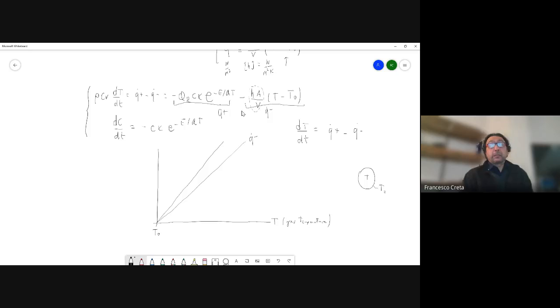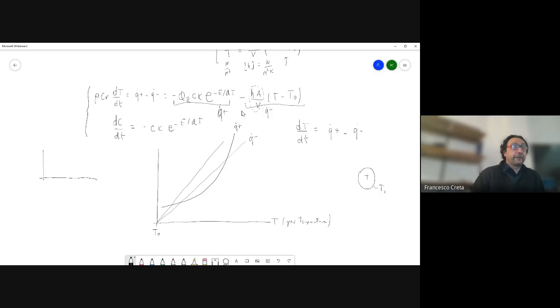Now, what about Q plus? Q plus is clearly an exponential function of the temperature. I can roughly draw it like this, for example, indicated as Q dot plus, okay? If you draw it on a graph, if you start from T equals 0, then you have essentially 0 here.